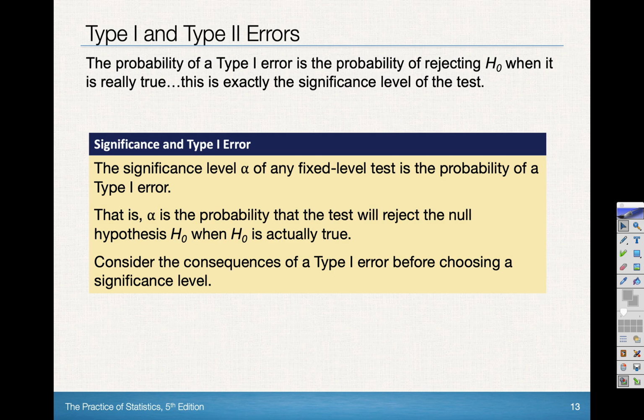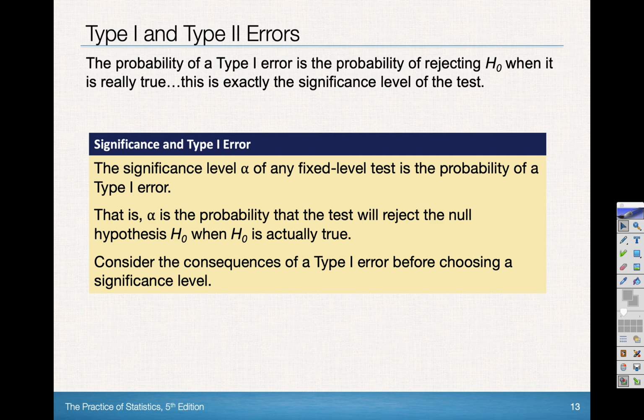You might be asking, well, then why don't we just choose a really small alpha, so that way we eliminate type 1 error? Yes, however, the smaller you make alpha, the more you increase the probability of type 2 error, because they work inversely.